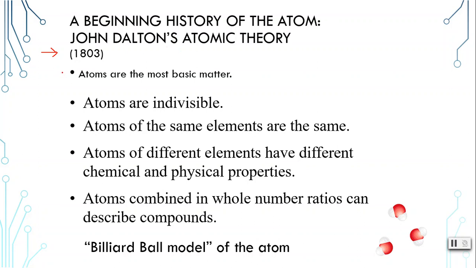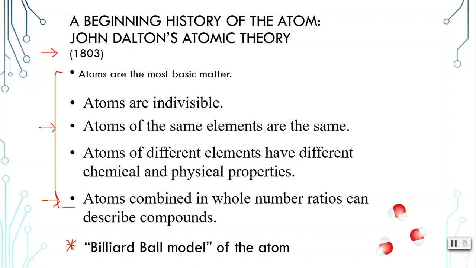These are the tenets of his atomic theory. One of them we've already talked about, which is that atoms combined in whole number ratios describe compounds. And we also said that atoms of the same element are the same. I have his postulates written in bullets. I think the most important part of this slide is that you recognize that John Dalton's model of an atom is similar to a billiard ball model.